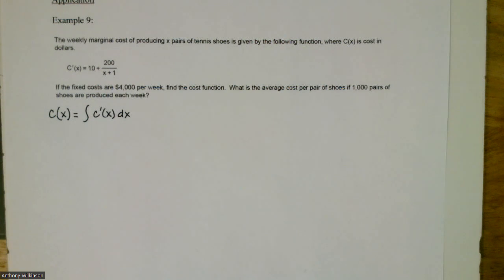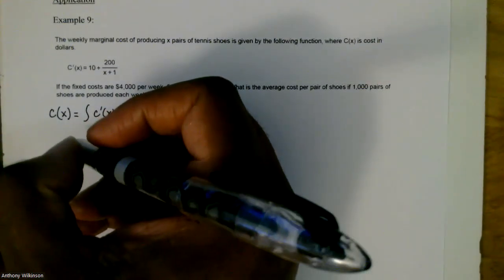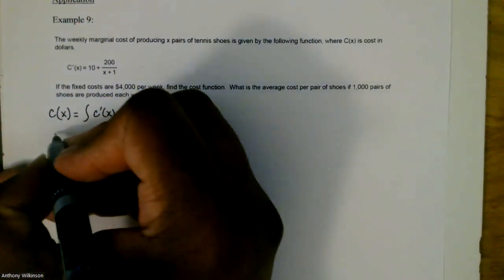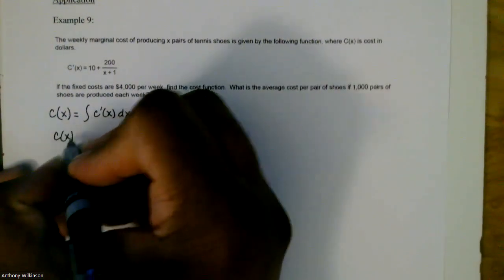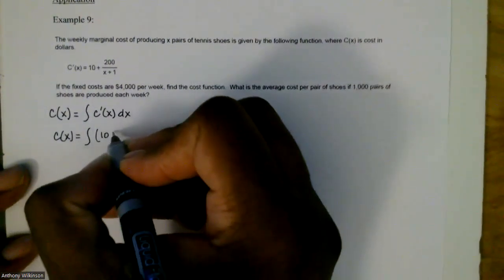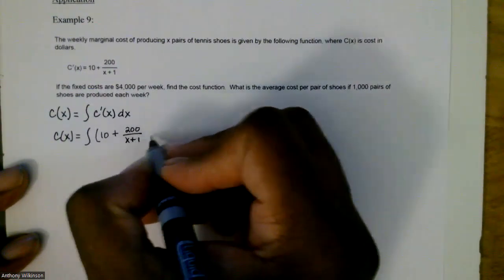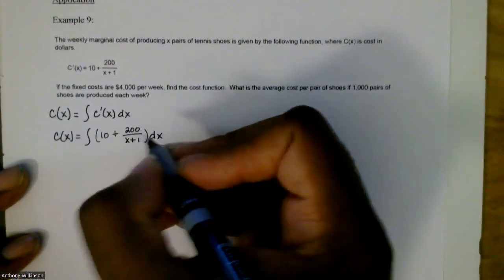And that's the weekly marginal cost of producing X pairs of tennis shoes. And C prime of X is 10 plus 200 divided by X plus 1. So I replace that with the 10 plus 200 divided by X plus 1 dx.